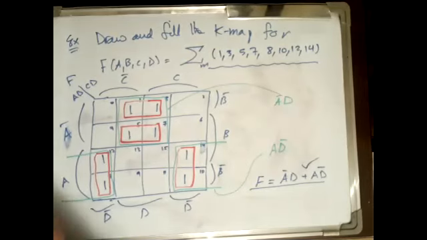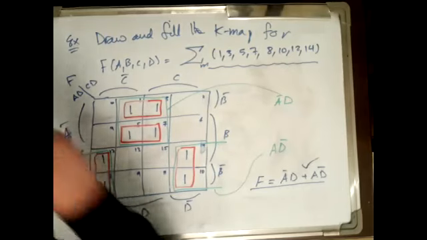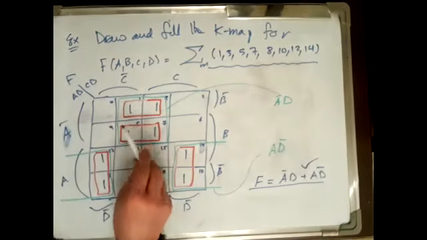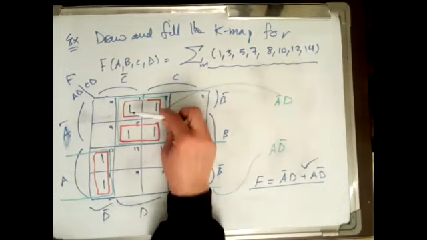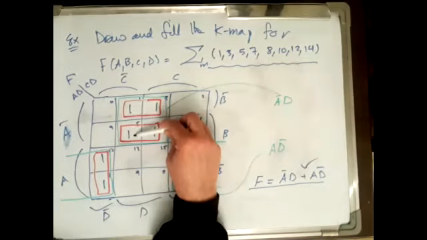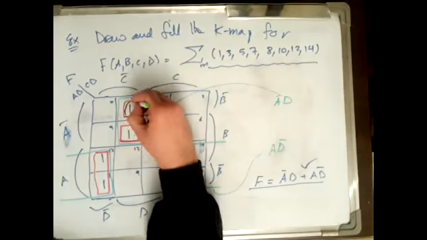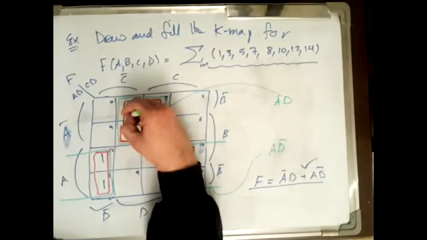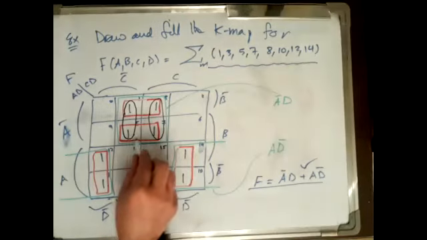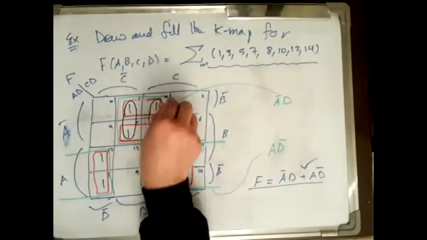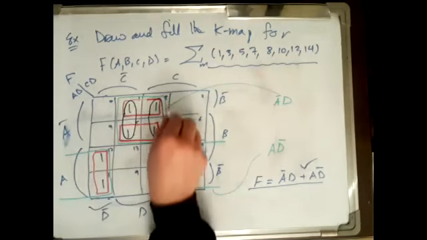Now, somebody may ask, why did you start like this? You took this one with this one because they are adjacent. Is not this one adjacent to this one? Yes, it's the same. If you say, I will take this with this and this with this, then you can combine this rectangle with this rectangle to end up with the same big rectangle.